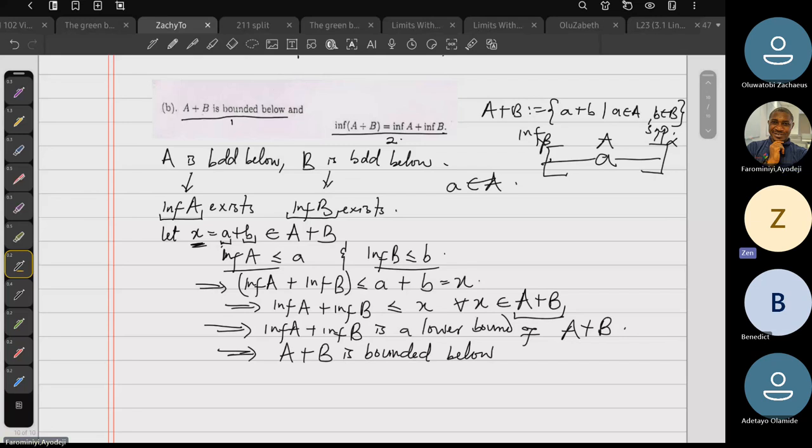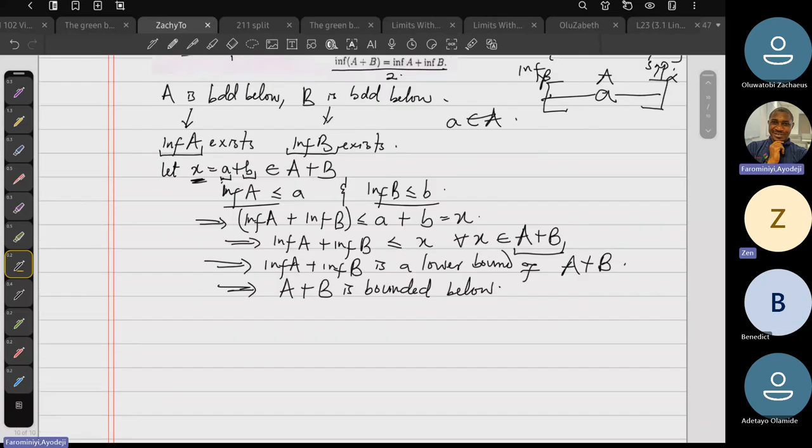So if A plus B is bounded below, there exists an infimum. We have a candidate for the infimum, something that is a lower bound.